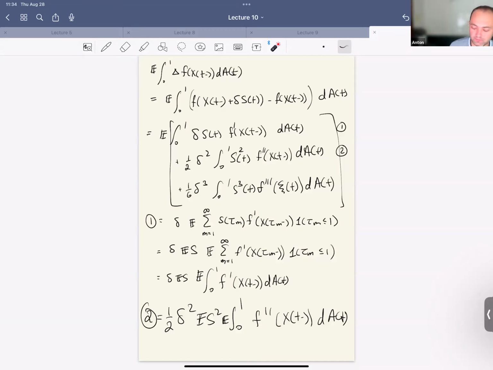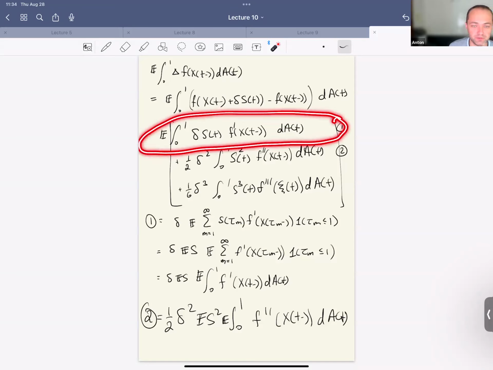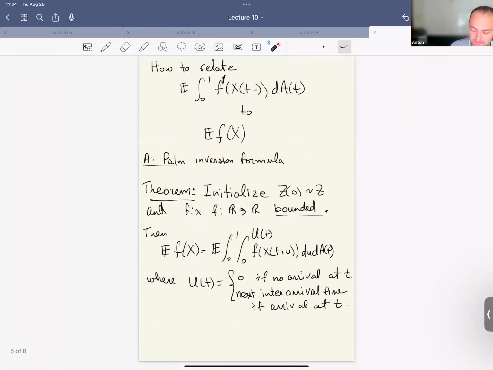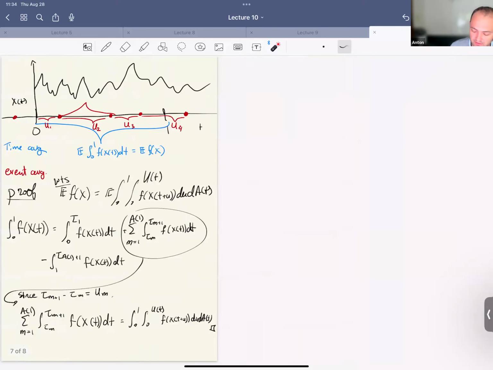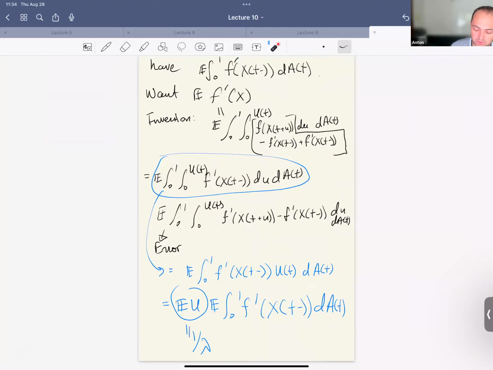Fundamentally, most of the things I've said will carry over, except for one thing. And this relates to the first order term. What did I say about the first order term? I said you need to apply the inversion formula, pull out the time average, and then look at this second order term and pull out the second order time average.